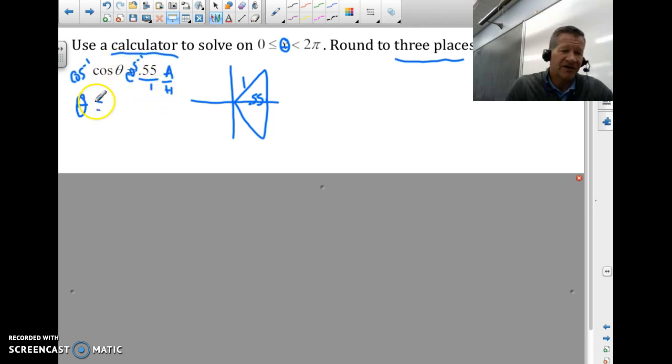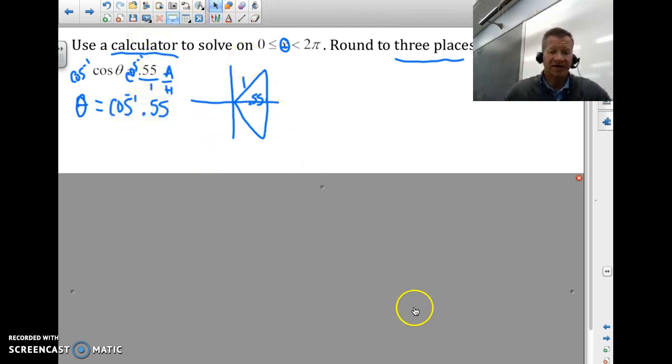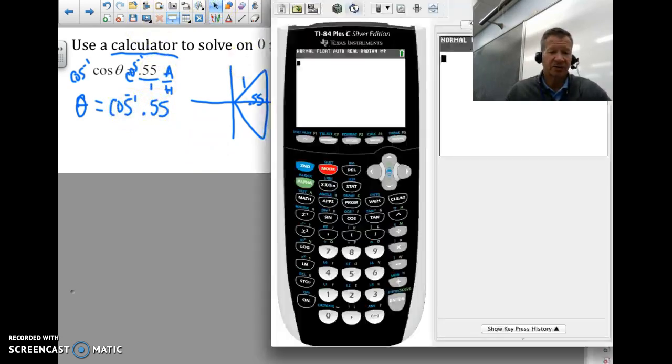So I'm going to get theta equals the inverse cosine of 0.55. Now, I can do this on my calculator, but as we learned back in section 7.1, when you do this, you're only going to get one answer, and there should be 2 answers between 0 and 2 pi.